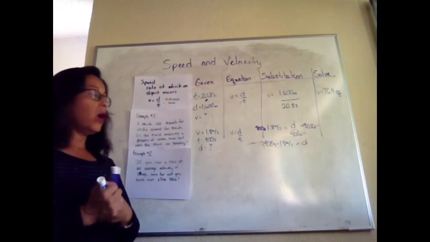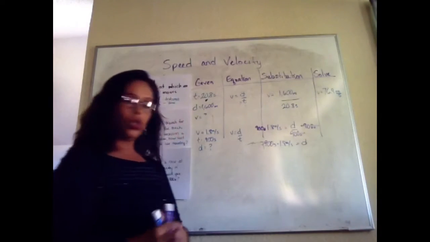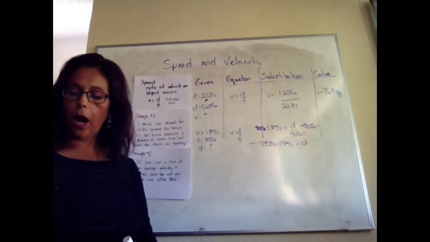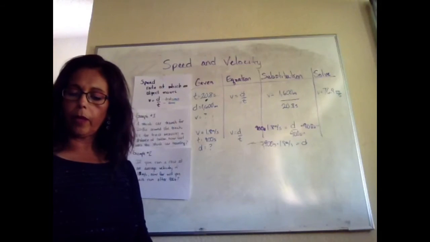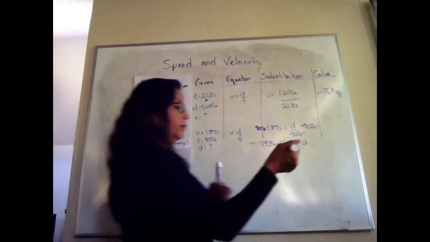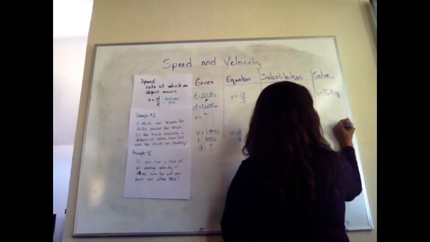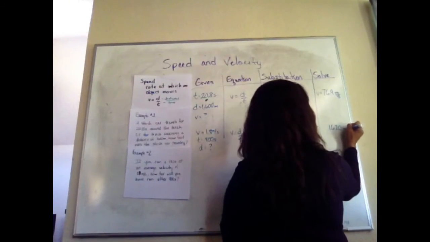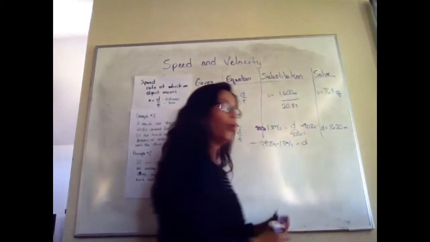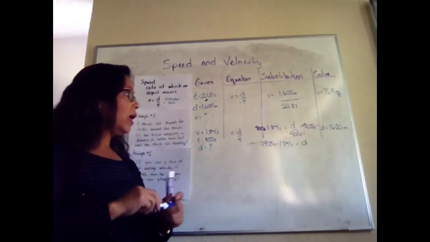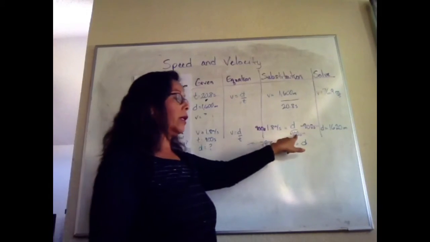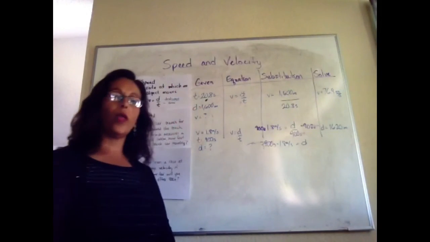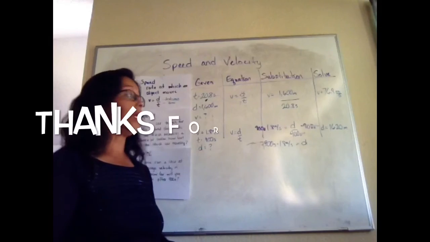So if I do my calculations in my calculator, I should get 1,620 meters. That's how far I would have run if I was going 1.8 meters per second for 900 seconds. I would have traveled 1,620 meters.